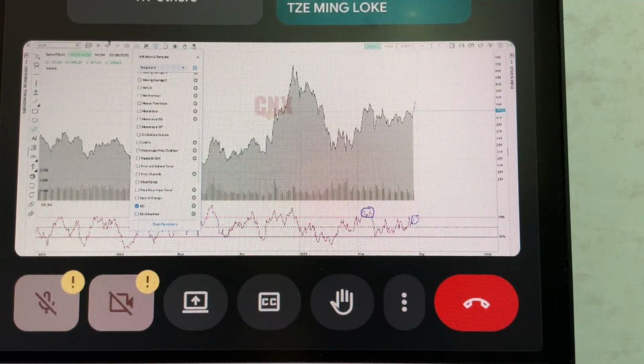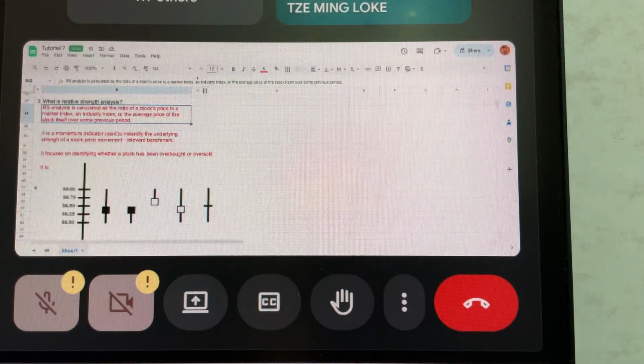So going back to our question, that's what it means here. RS is calculated as a ratio of stock price compared to the average price. We are not comparing to the market index or industry index, but some other indicators use that. The one that I showed you just now is compared to the average price of the stock itself over some previous period, which is 14 days.